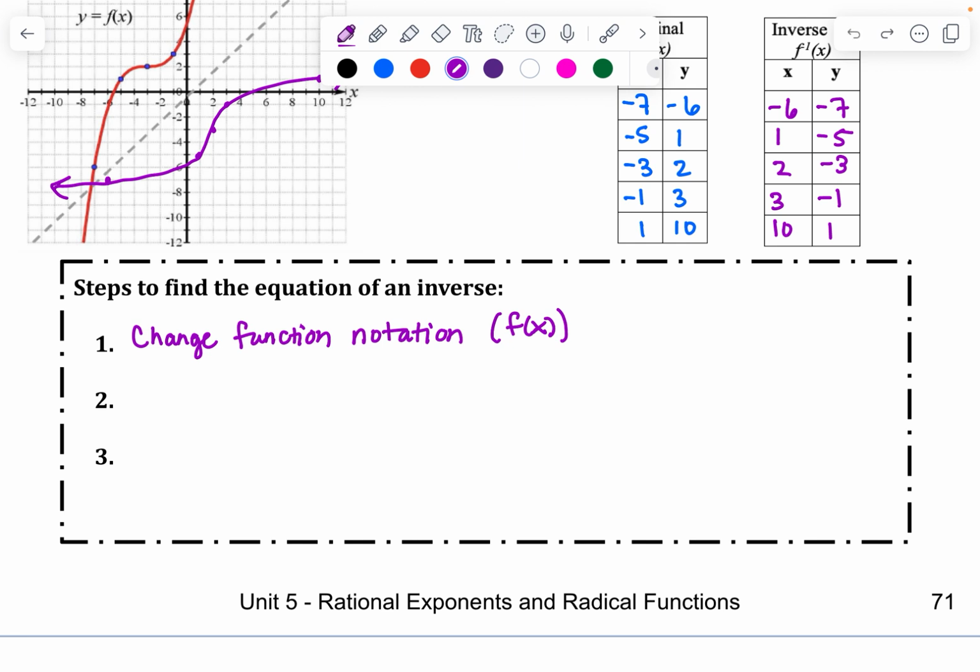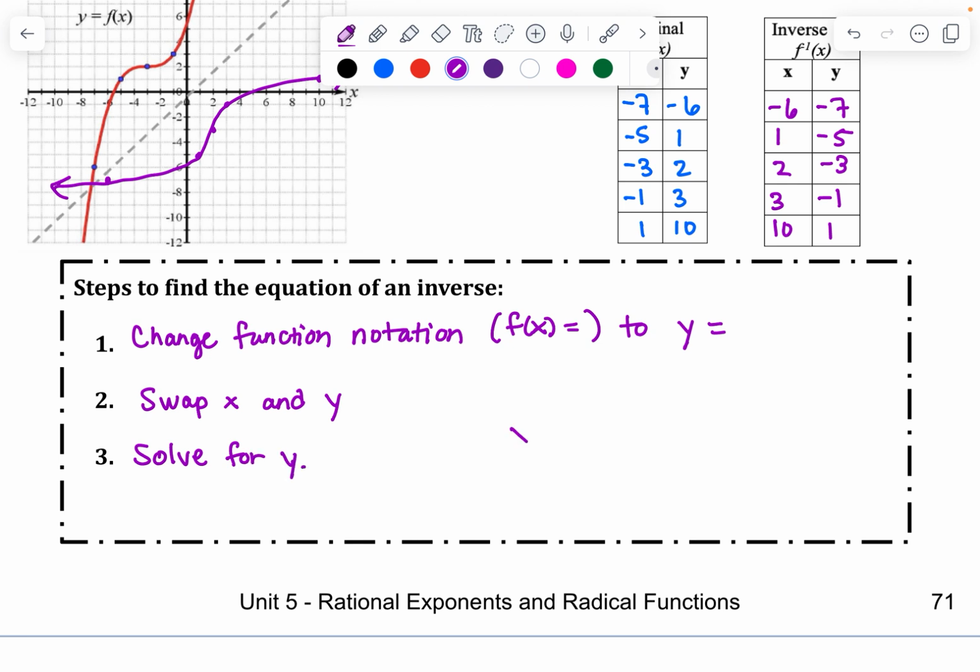So we want to change that to just be y equals. It's easier to swap x and y than x and f of x. Step 2, we will swap x and y. So every place there's an x in the equation, we're going to write y, and in place of the y, we'd put an x. And then step 3, we resolve for y.